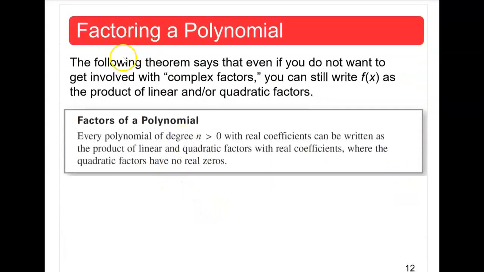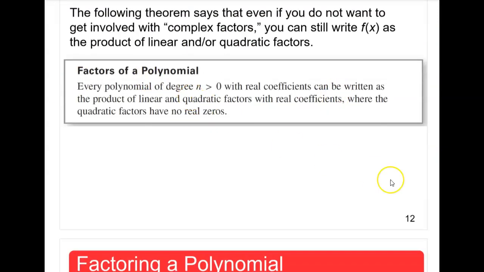Okay, so the following theorem says that even if you do not want to get involved with complex factors, you can still write f of x as the product of linear and or quadratic factors. So every polynomial of degree n greater than 0 with real coefficients can be written as the product of linear, and here we're going to include quadratic factors, just if you don't want to deal with the complex factors, where the quadratic factors have no real zeros.